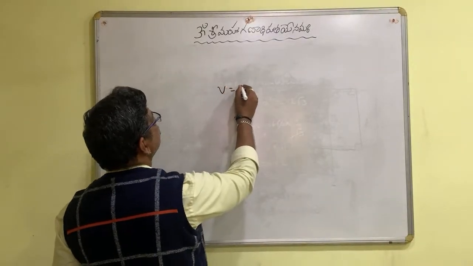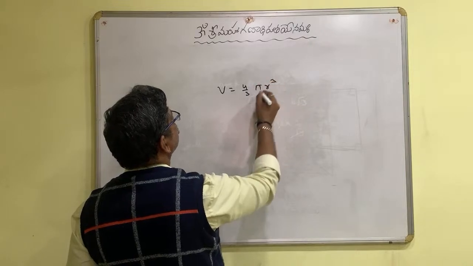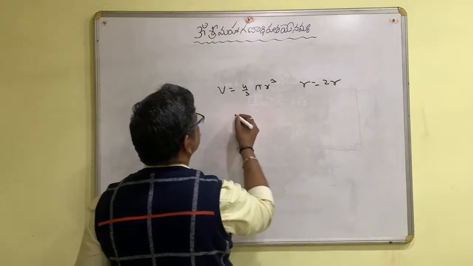We know volume of a sphere is 4 by 3 pi r cube. But the radius is given as 2r.